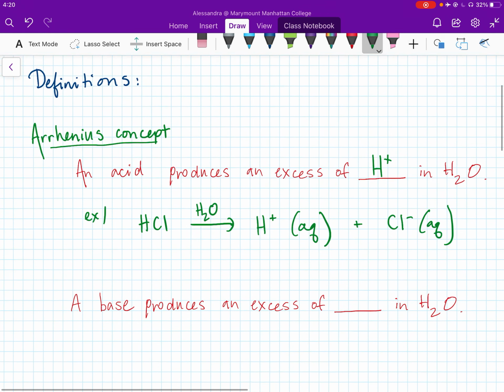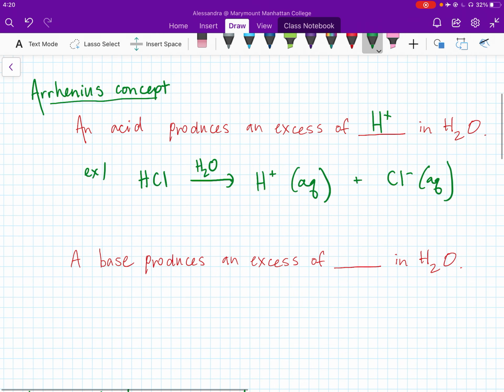The Arrhenius concept is also simple when we're defining a base. In the Arrhenius definition, a base is a species that produces an excess of hydroxide ions in water. OH minus is the hydroxide anion. An example of this would be sodium hydroxide.